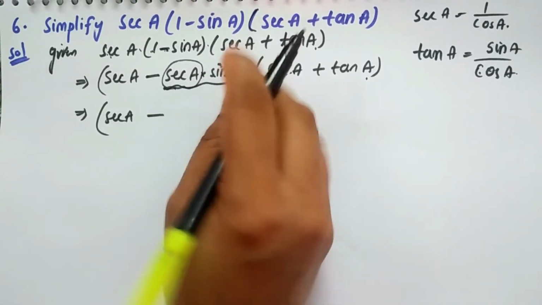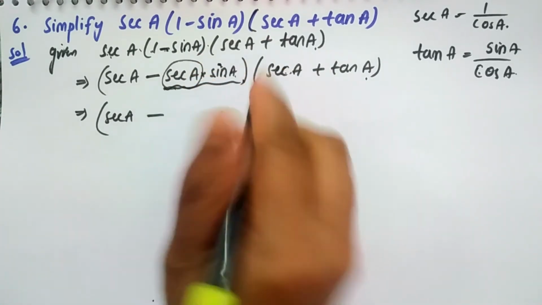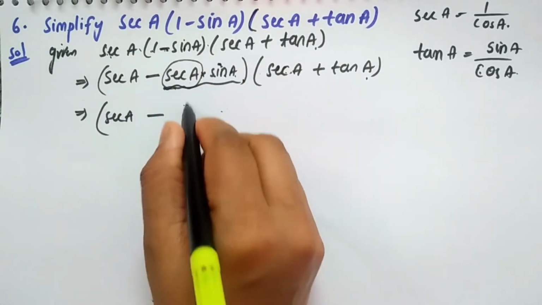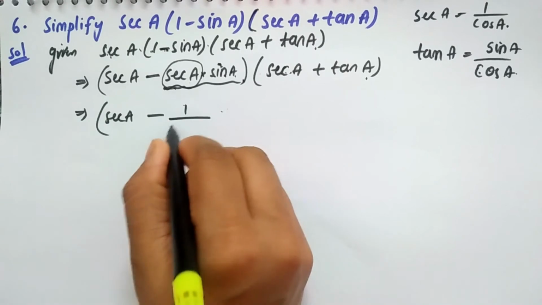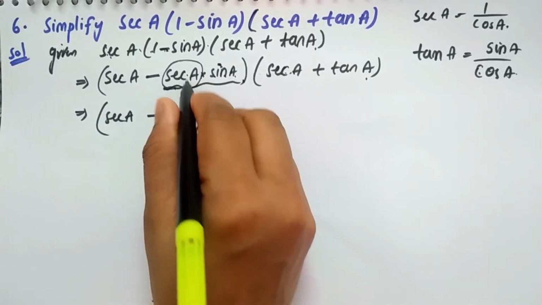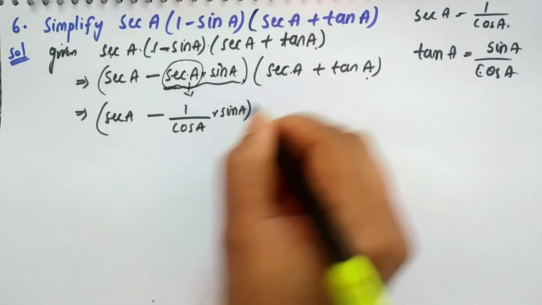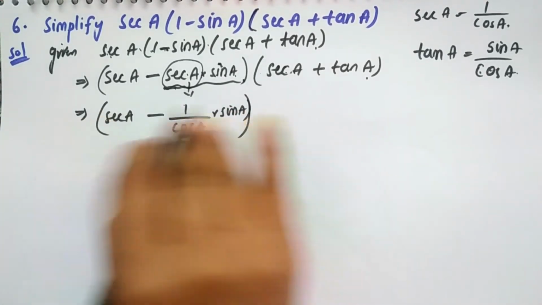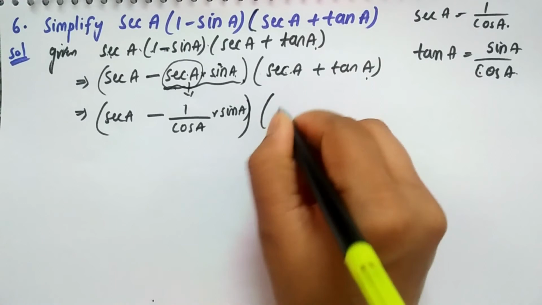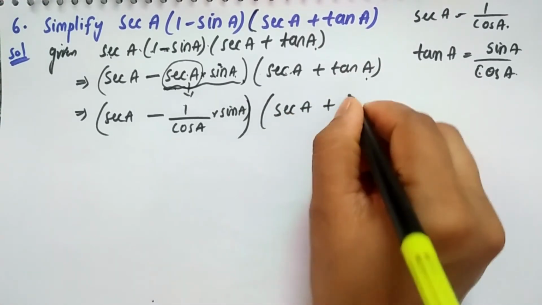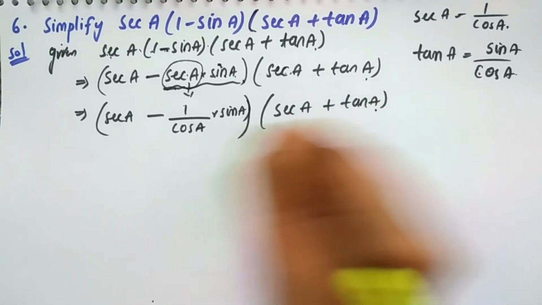The only thing we'll be changing here is this secant A, because it's attached to a sine. To get sine and cos in one term, what is secant? 1 by cos A. So 1 divided by cos A, and sine A as it is. We are copying secant A plus tan A as it is.